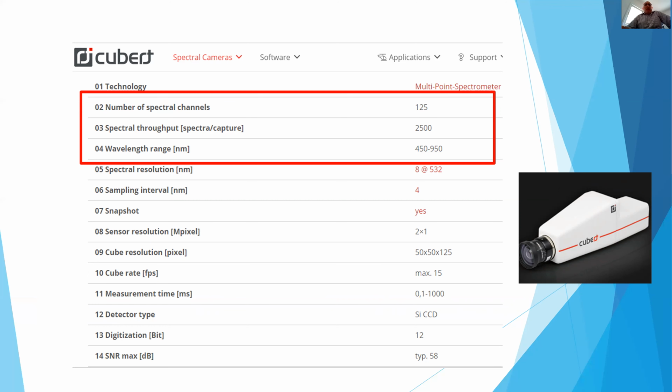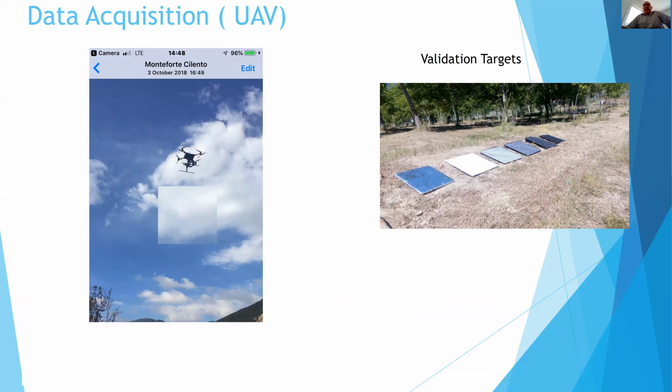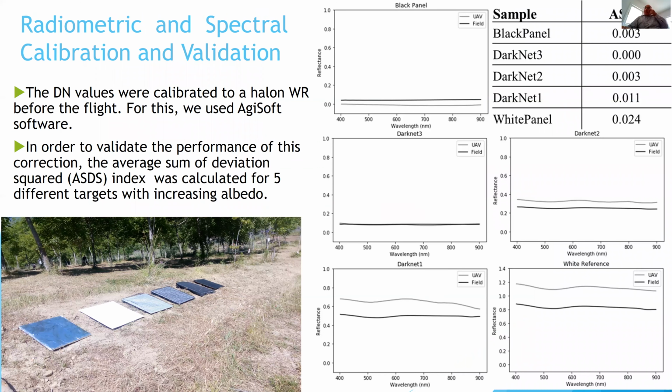We also used a gray panel to find out how good the calibration was, and if the calibration was not okay, we could use this panel to correct the data using the method that Anna and myself developed, which we call SVC. So all in all, you can see some variation between the panel spectral information and the UAV spectral information of the calibration.